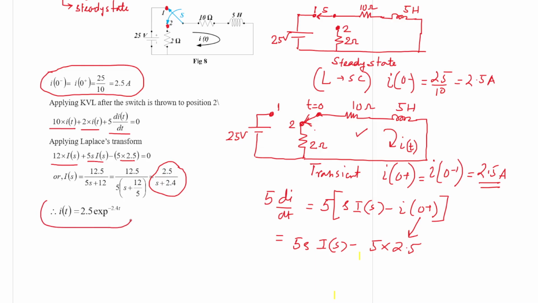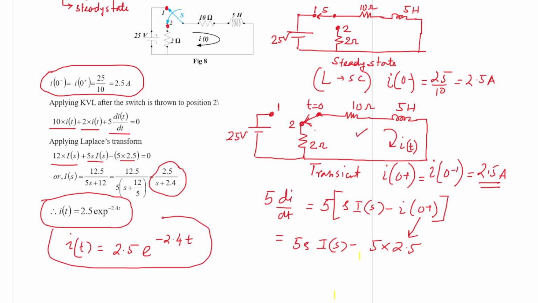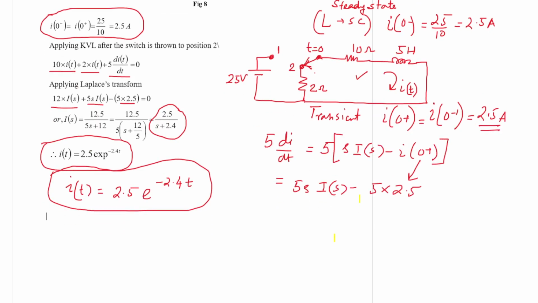From there you can directly write i(t) equal to 2.5 e to the power minus 2.4t. That is the current expression for this network when the switch is placed at position 2.